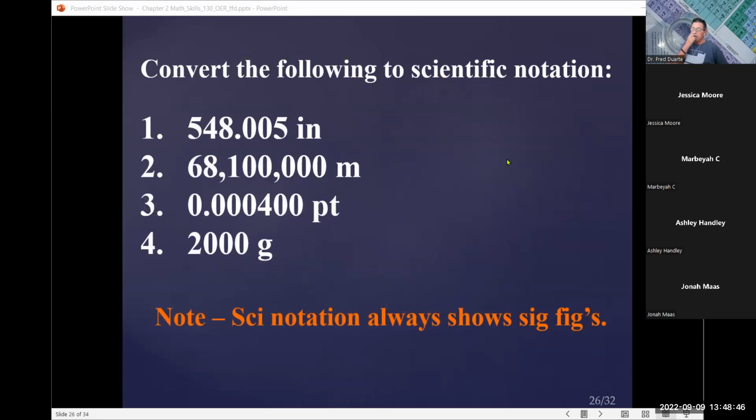So here they're asking you to convert these numbers into scientific notation. For any number that you have to do that with, step number one is determine how many sig figs you have, because your answer should also have the correct number of sig figs. Okay. If we look at that first number, we have 1, 2, 3, 4, 5, 6 sig figs.